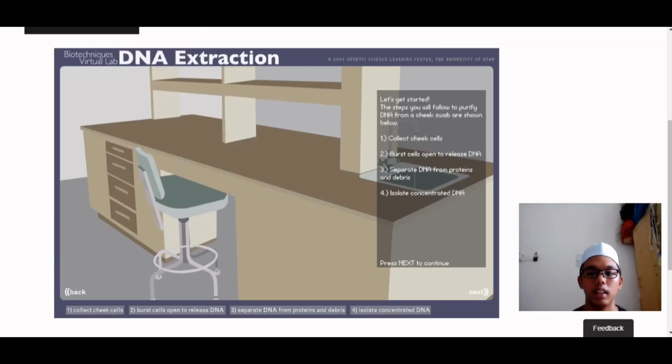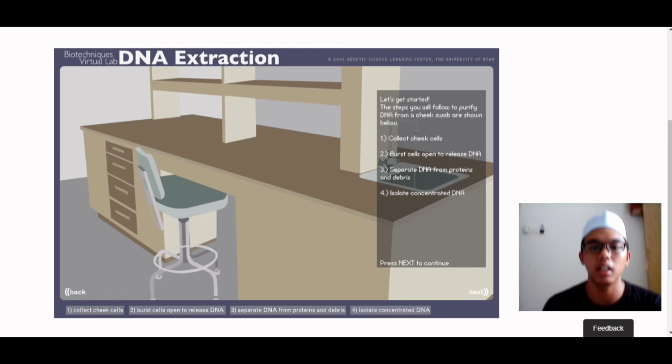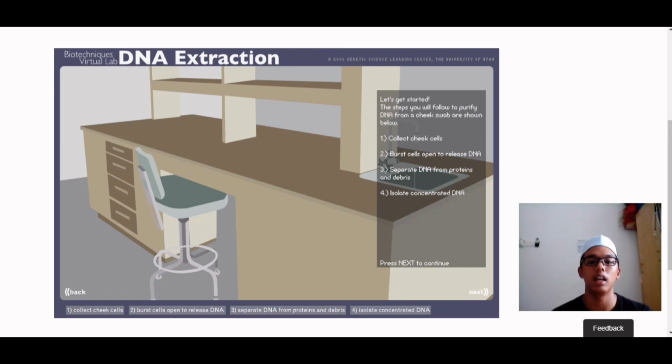So let's get started. The steps we will follow to purify DNA from a cheek swab are shown below. There are 4 steps necessary for DNA extraction. First, we will collect cheek cells, burst cells open to release DNA, and separate DNA from proteins and debris. And lastly, we will isolate concentrated DNA.